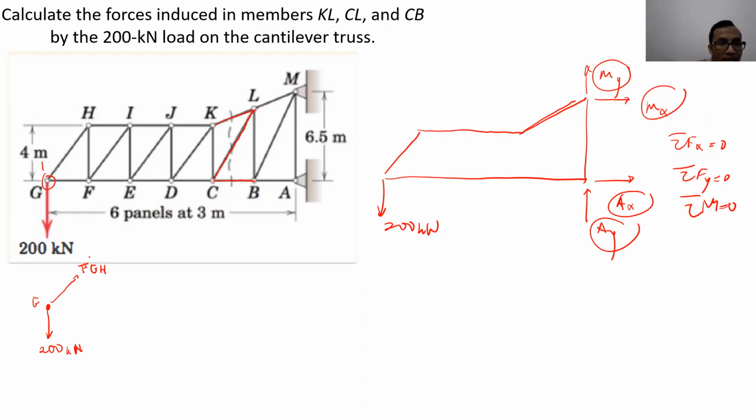Now, GF. Do we know the internal force value of GF? Also no. So we assume it as tension as well, right? It's supposed to go to the right or to the left? To the right, correct. So this one is FGF. Using the equilibrium at joint G, will you be able to solve for FGH and FGF?